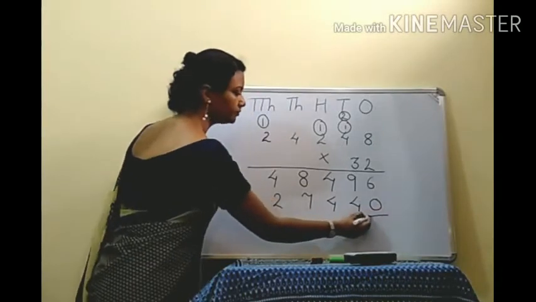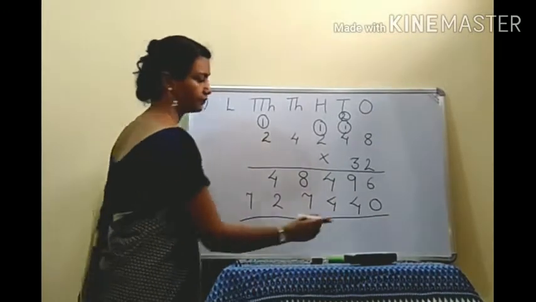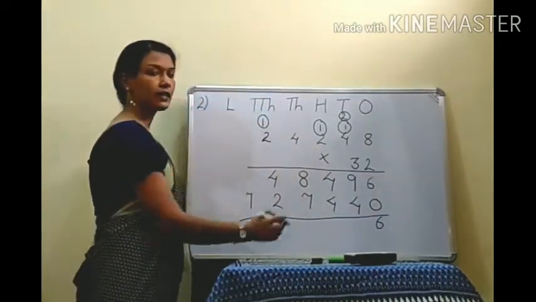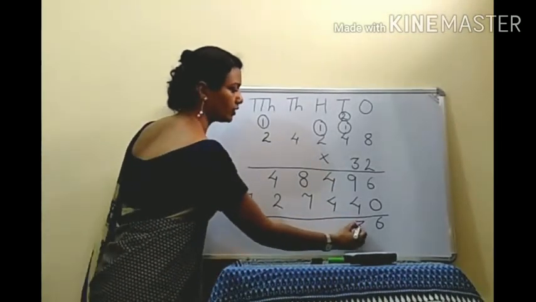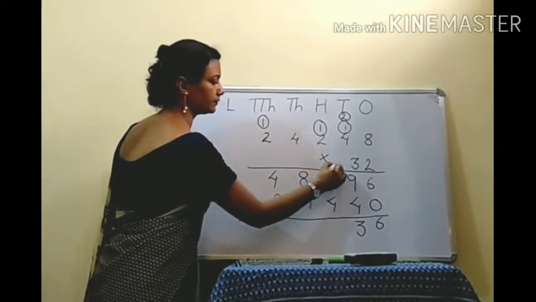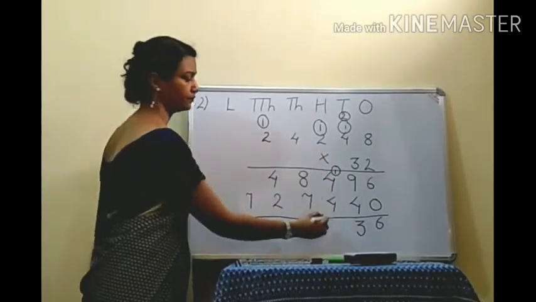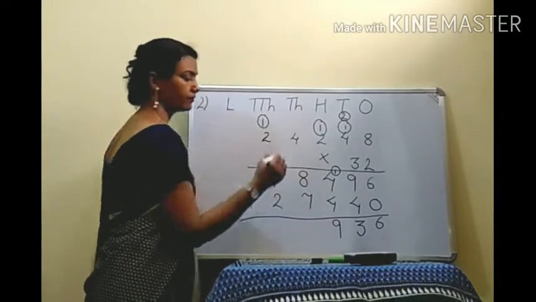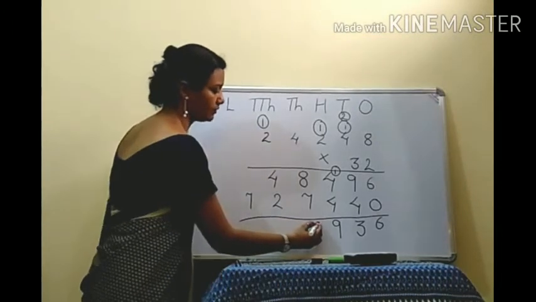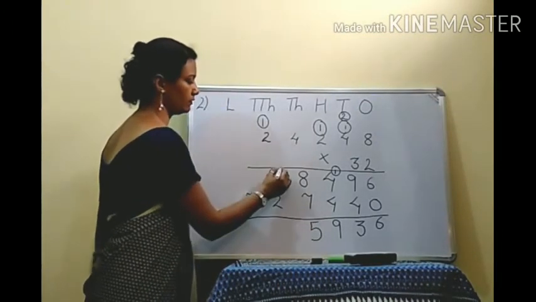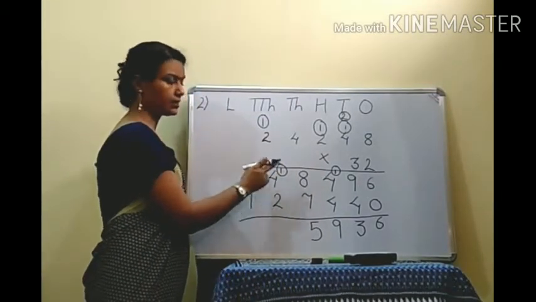Now what we will do? Yes, we will add. So 6 plus 0 is 6. 9 plus 4 is 13. So we will write 3 here and carry 1. Now 4 plus 4 is 8 and plus 1, 9. Now 8 plus 7 is 15. So we will write 5 here and carry 1. 4 plus 2, 6, plus 1, 7.